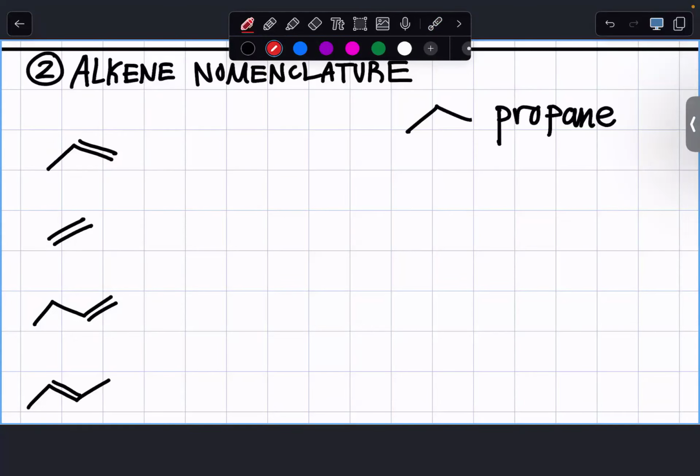Do we want to number this left to right or right to left? Right to left. Yes, because that will give us our lowest number. And we just put propene. We don't have to put 1 dash propene because it's automatically assumed it's there. Only for this case though, because there's only one spot for the alkene to go for propene. That means that this is ethene.